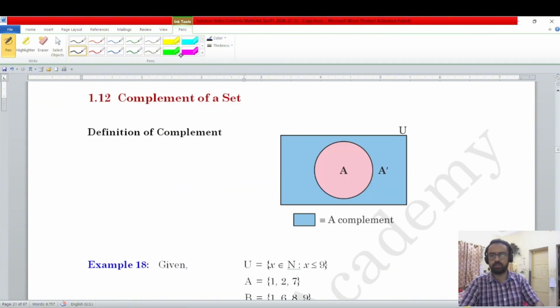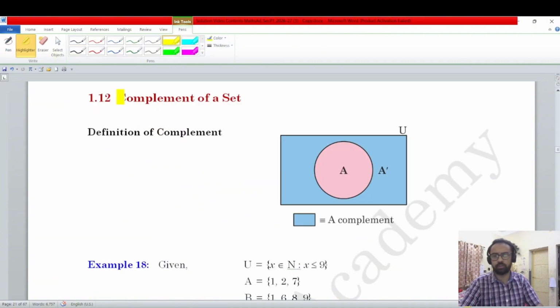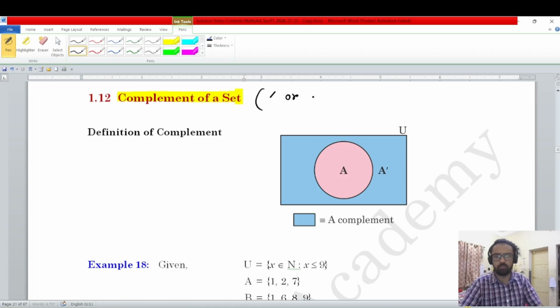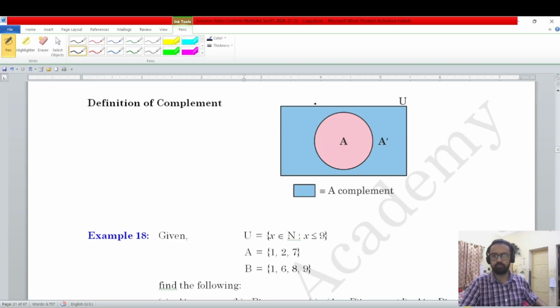Next idea is complement of a set. It is denoted by dash, or in some books you will find C, small c. So in this discussion we will use dash, okay, prime. So what is the definition of complement of a set? Suppose capital A is a set.